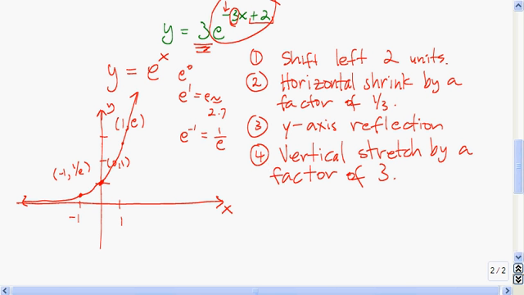We'll start with (1, e). If we shift left 2 units, that means we subtract 2 from 1. So that's going to take us to -1, same y-coordinate. Then we do a horizontal shrink by a factor of 1/3. That means the x-coordinate gets multiplied by 1/3.